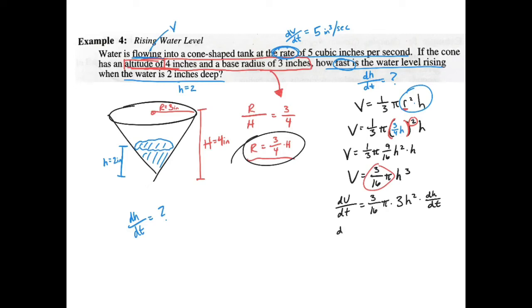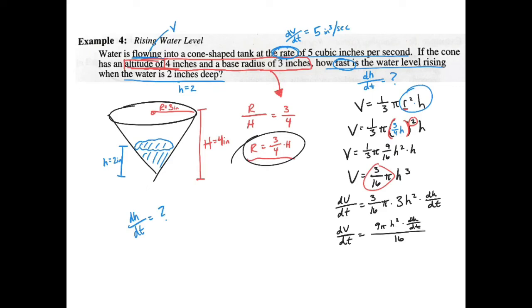I guess I'll simplify it a little bit. dV/dt equals 9 pi h squared dh/dt over 16. And now I'm going to substitute and figure out what dh/dt is going to be.